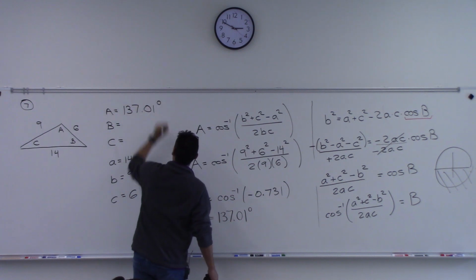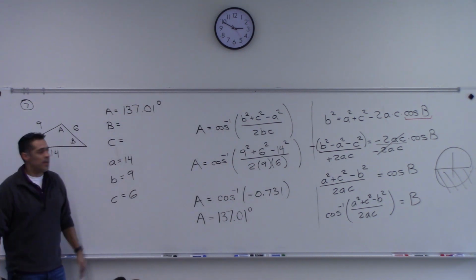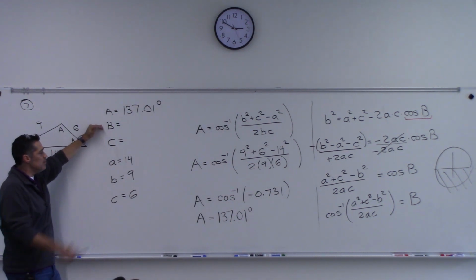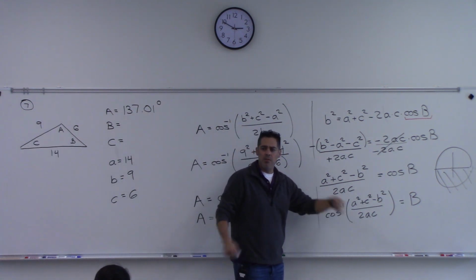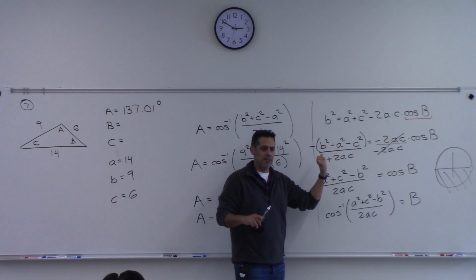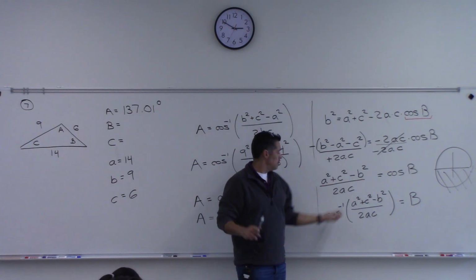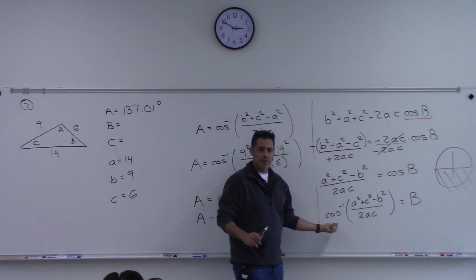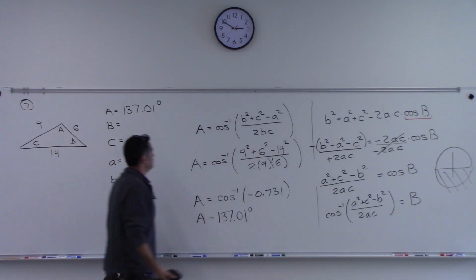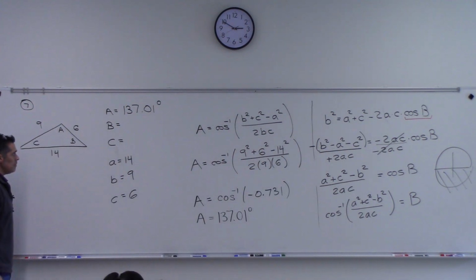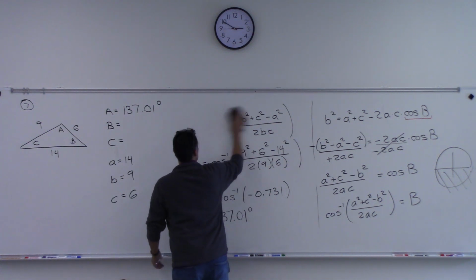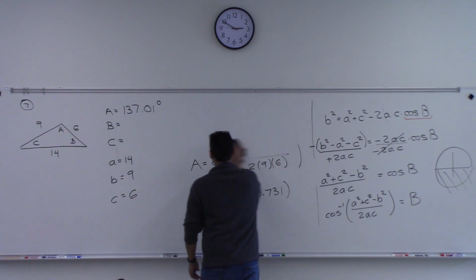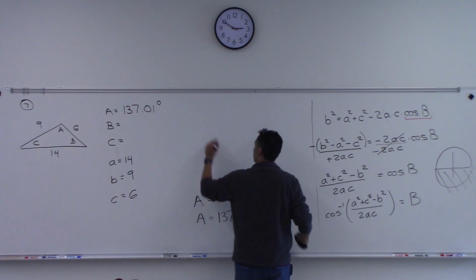How do you want to go get B? Do you want to use the formula for capital B that's sitting right here? Do the same thing? Or do you want to use law of sines to get capital B? Just stick with this? Okay. So plug everything into that capital B formula. I'll write it out.